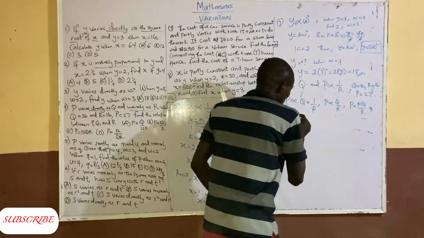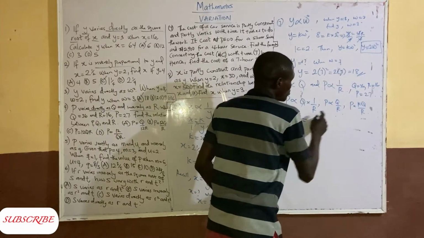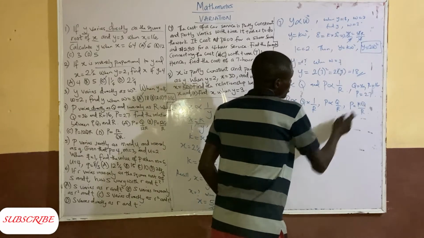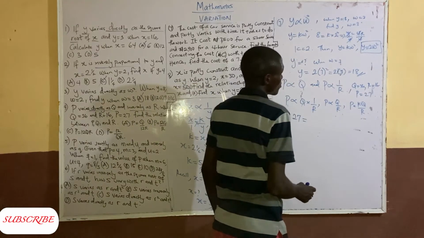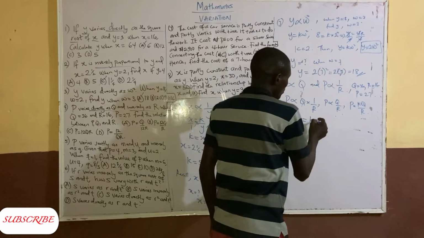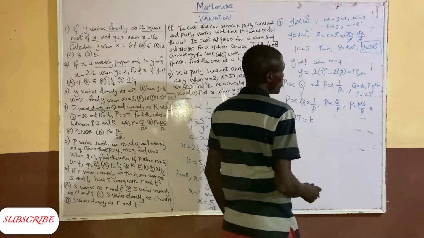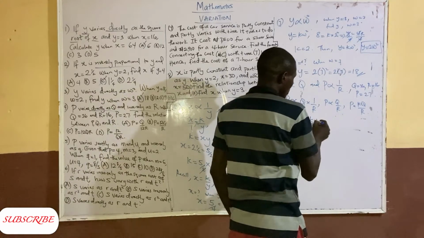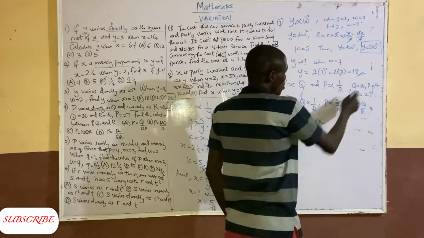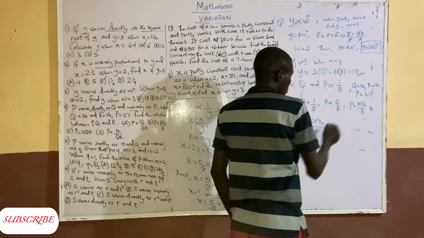Where Q is equal to 36, P is 27. So we have 27 equal to, that's your P, K is unknown, and Q is 36, so K times 36, all over R, which is 16.